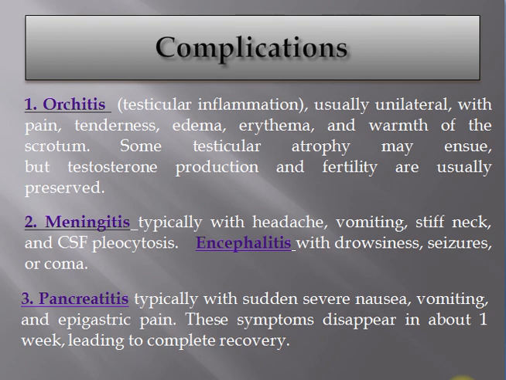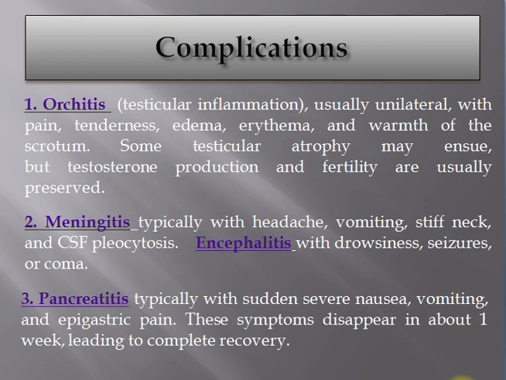Meningitis, typically with headache, vomiting, stiff neck, and CSF pleocytosis, occurs in up to 10% of patients with parotitis. Encephalitis with drowsiness, seizures, or coma occurs in about 1 in 1,000 to 1 in 5,000 cases.